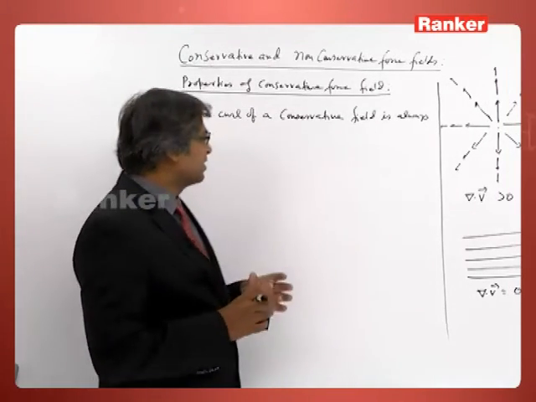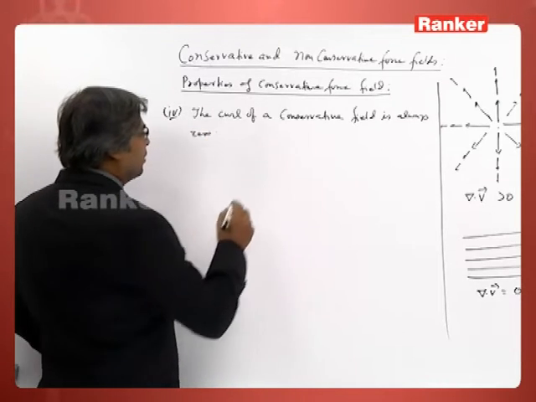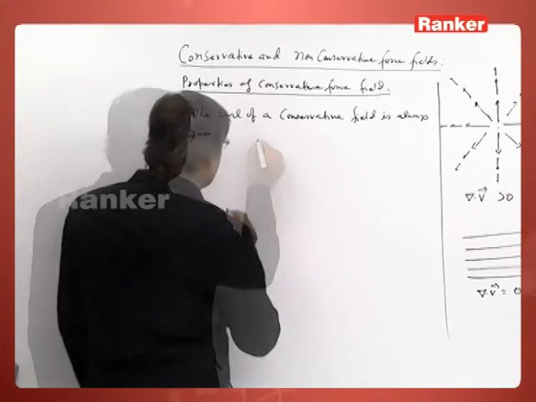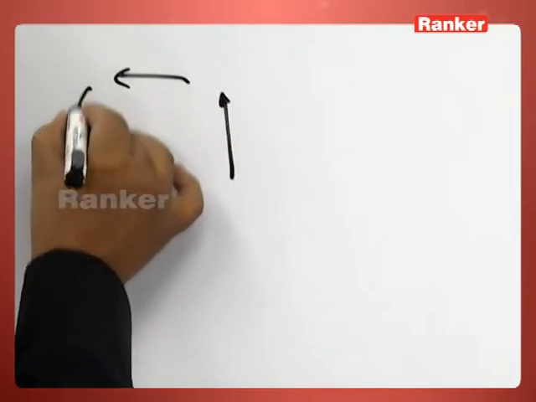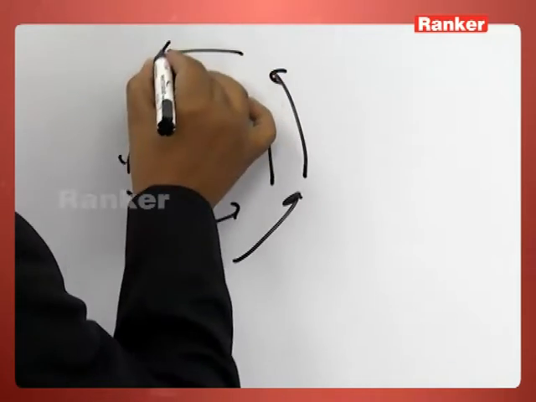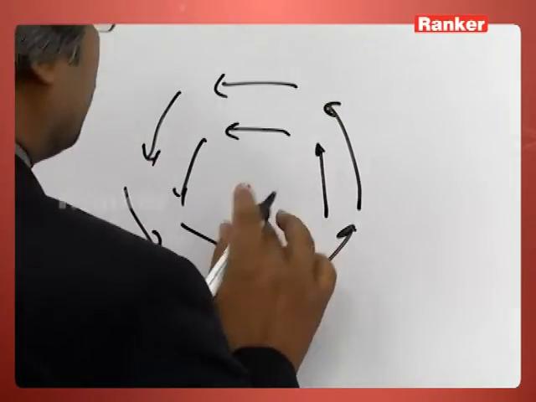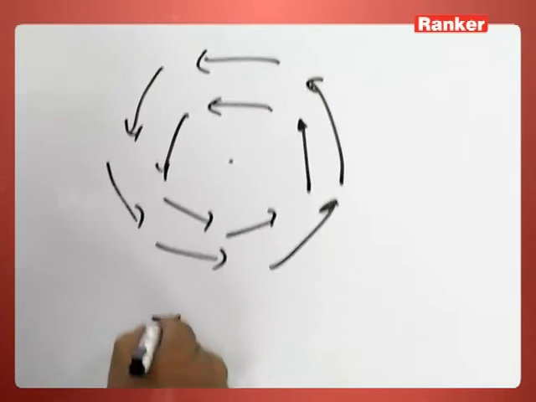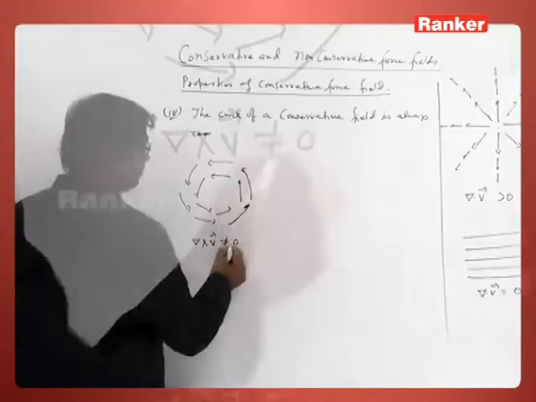Now let us see the geometry of curl fields. If we have a field like this, then this field has a finite curl. That means del cross V is non-zero.